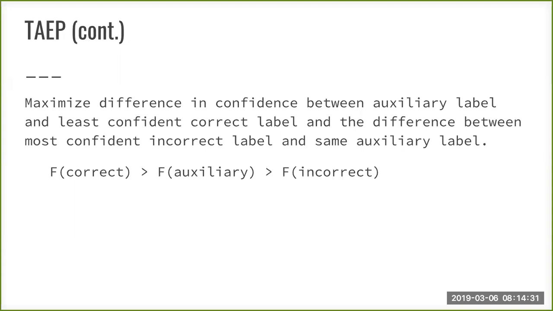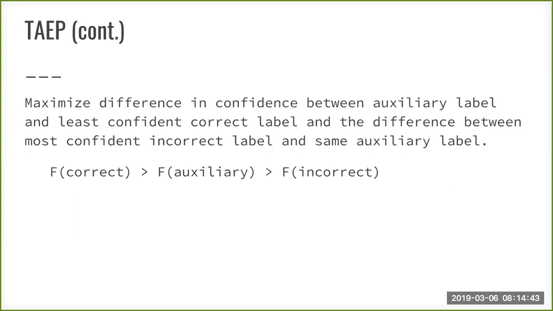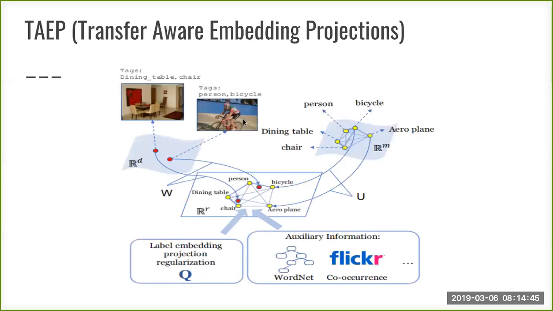So yeah, they impose a lot of conditions on the way they train this. So the U matrix is a matrix that transforms the word vectors into this auxiliary space. They do want to have that orthogonal, because of some other losses that they have.